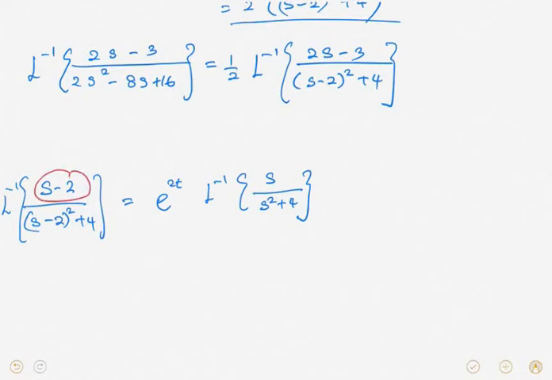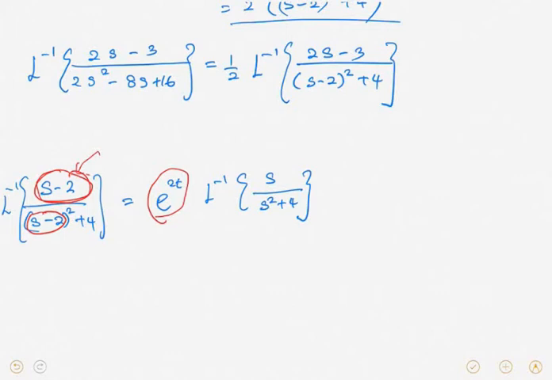So this s plus 2 numerator, in order to apply the first shift theorems, the numerator must be s minus 2 and denominator also have the s minus 2. If you apply the first shift theorems, you will obtain the exponent 2t, which is from the 2 here.